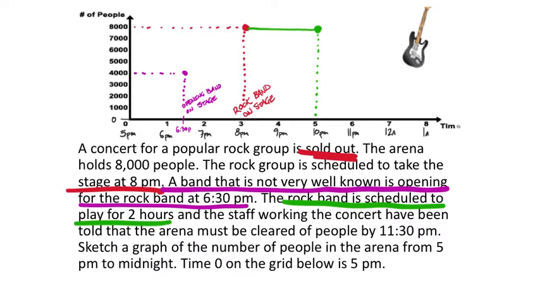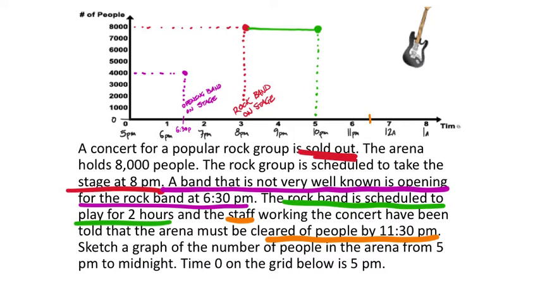Now, the other thing it said on this line, it said that the staff have to have it clear of people by 11:30. Now, I don't know rock concerts very well, but I know back in like the 70s and 80s, they were freaking nuts, dude. So at 11:30, it's like, hey, everyone's got to clear out. You think those groupies are clearing out, dude? No, they're not clearing out.